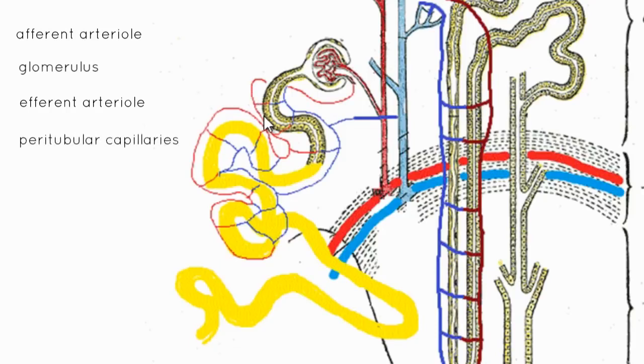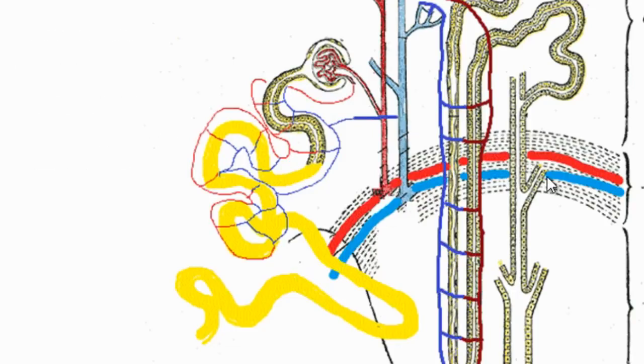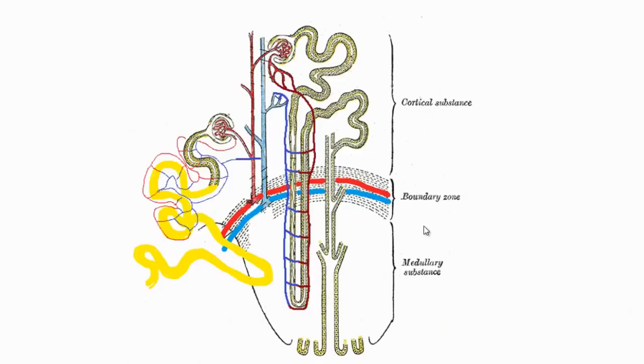So peri meaning around, tubular referring to the renal tubule. So you've got this sort of network of capillaries running over the renal tubule, and then this drains back into the interlobular vein, and then it follows the same course back into the arcuate vein, back into the interlobar veins, and then ultimately back into the renal vein. So that's the blood supply of the kidneys.